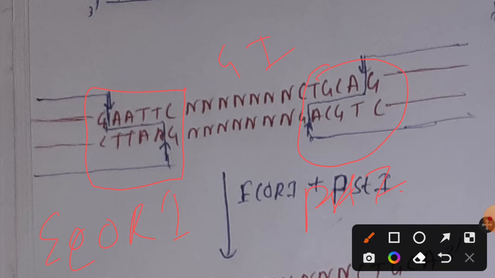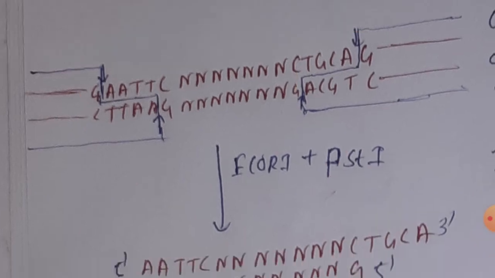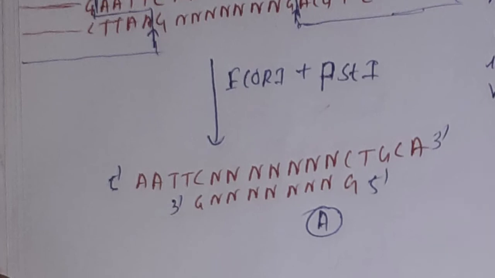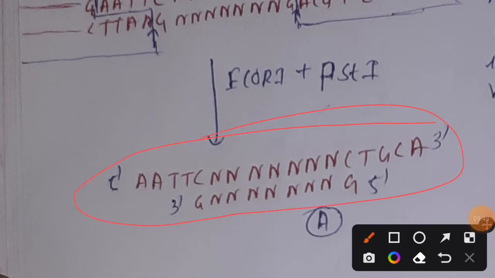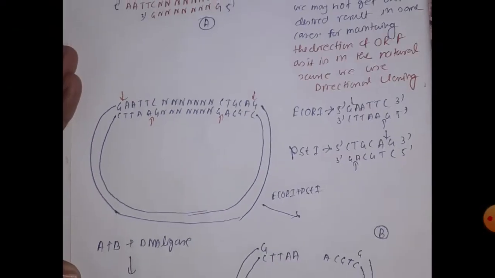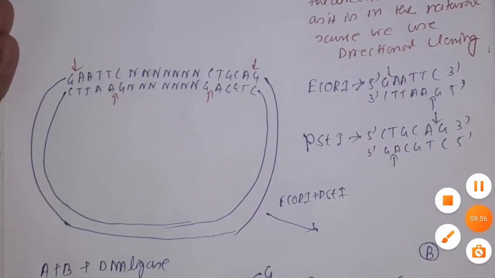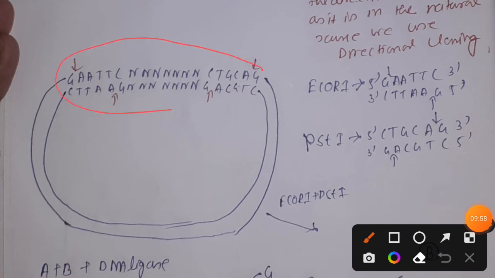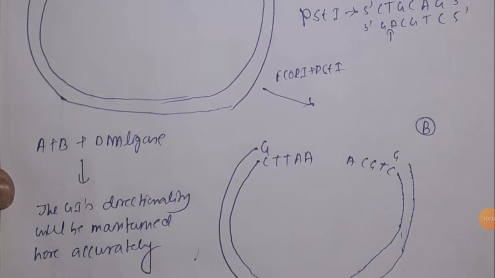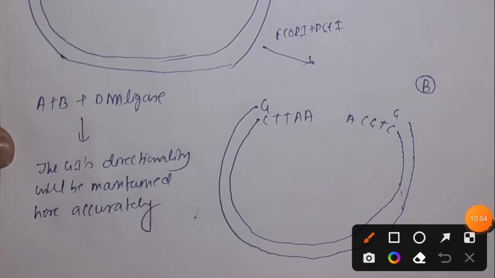Now we add EcoRI and PstI and it will generate a T-shaped product. Similarly, we have digested our vector too. After digestion, the vector will generate something like this.